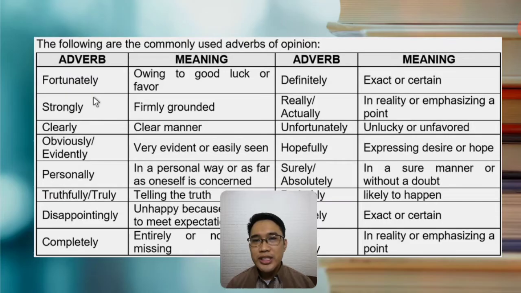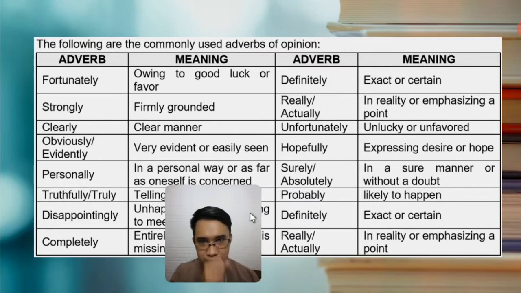We have fortunately, strongly, clearly, obviously, personally, truthfully, disappointingly, completely. We also have definitely, really or actually, unfortunately, hopefully, surely, absolutely, probably, and again we have definitely and really and actually.